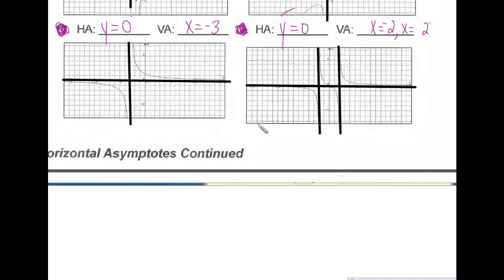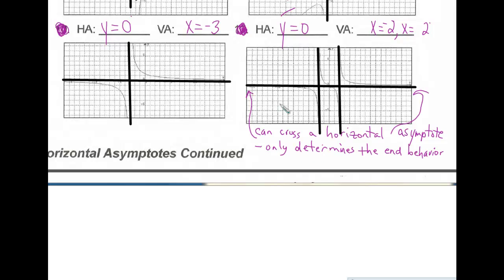Keep in mind that the graph can cross a horizontal asymptote, because the horizontal asymptote only determines the end behavior, what's happening at the end.